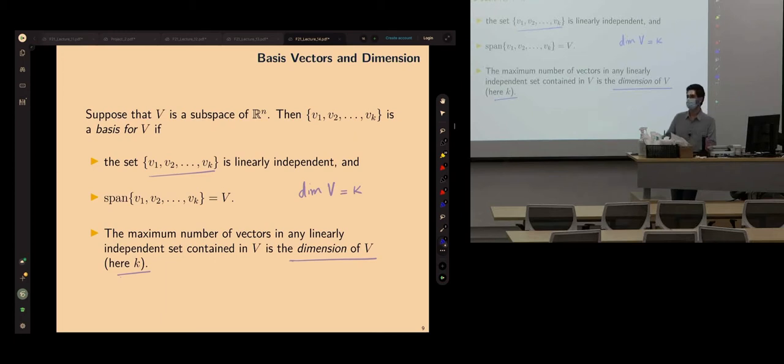You could already guess that you know that already. R2, well, you have 2 dimensions. I can move along 2 directions. In Rn, you were seeing that I have n dimensions, right? This is more general because we can talk about a subspace of Rn.